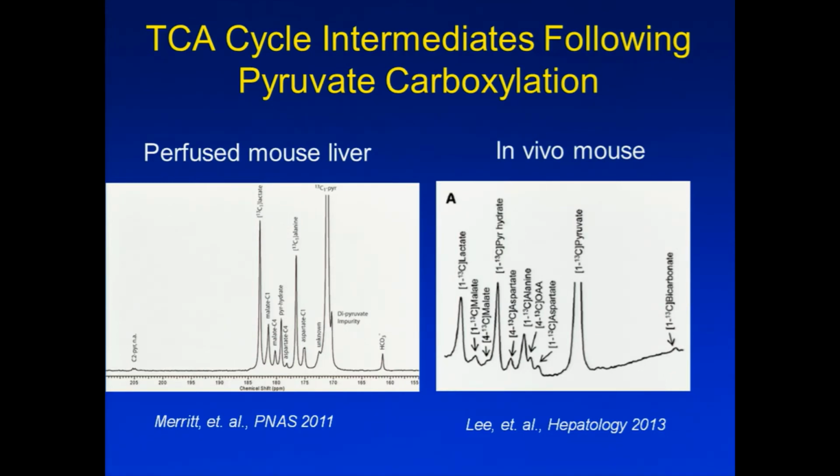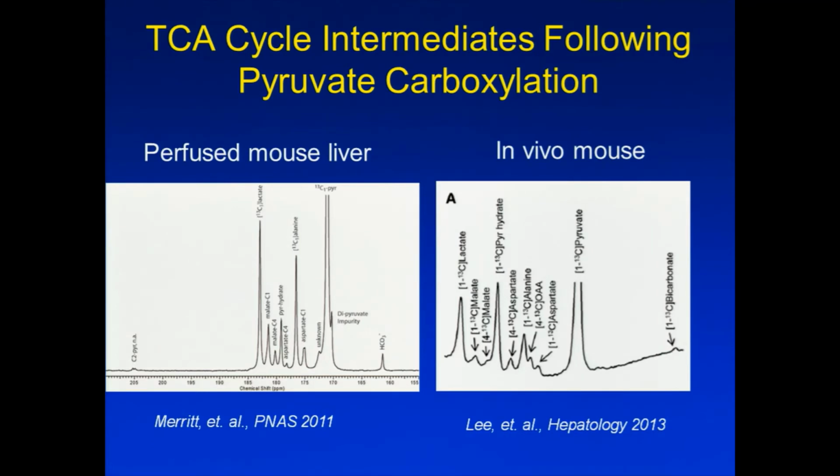So this is a straightforward real-time estimate of how fast oxaloacetate is exchanging with fumarate. This is a similar experiment from the Rada lab in Singapore, where they did exactly the same experiment and saw some really nice observations. So pyruvate has multiple metabolic fates and it's really tissue dependent.